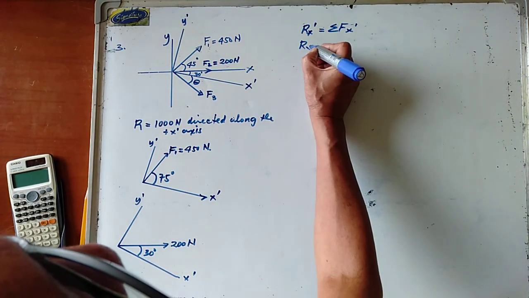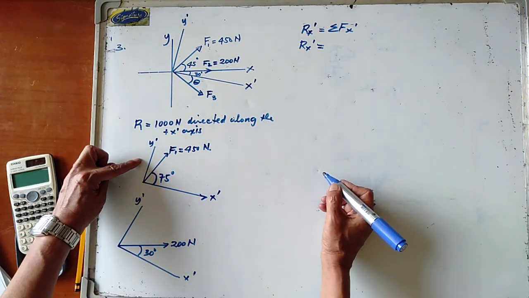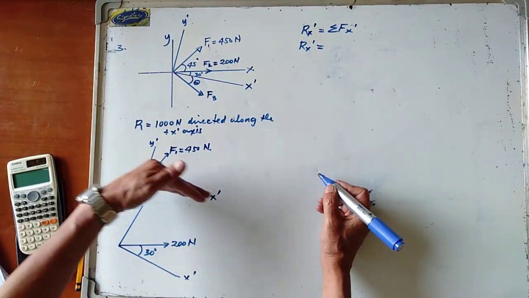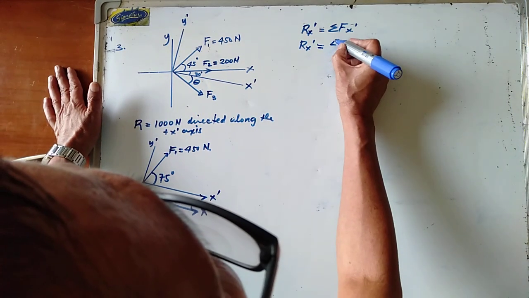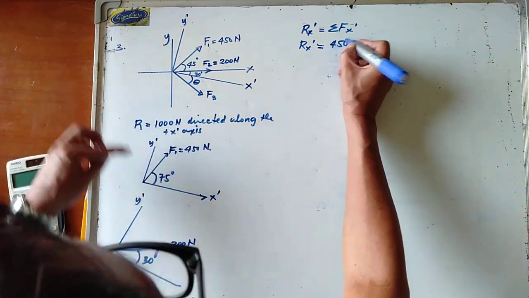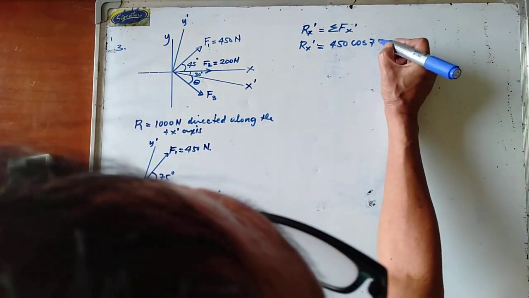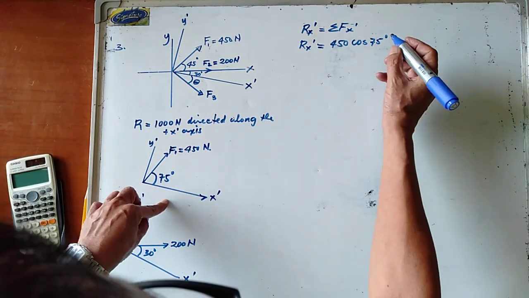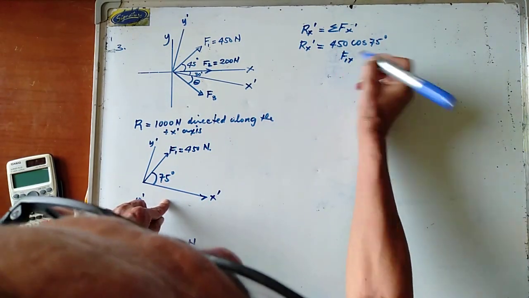The x component going to the right: 450 cosine of 75 degrees, this is your F1x.